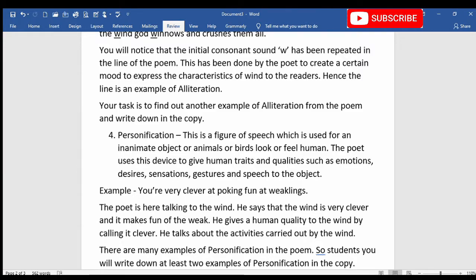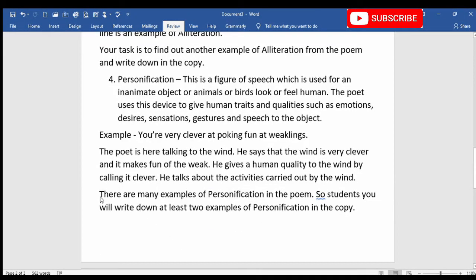In simple words, anything that is non-living, or it may be living but it's not a human being, and that has been given the human quality by the poet, you can say that the poetic device used by the poet is personification.